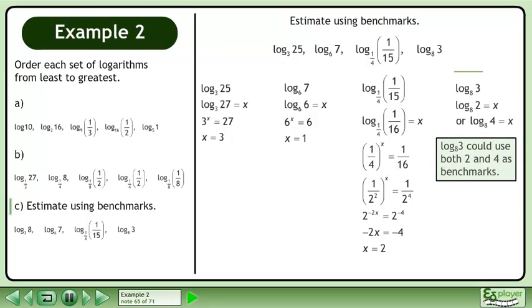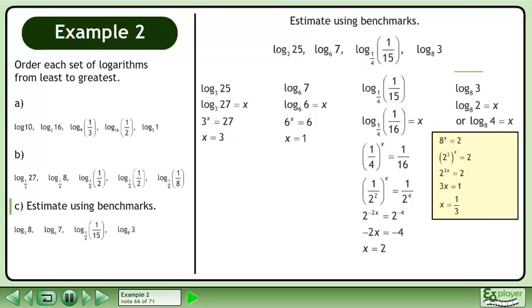The next logarithm, the base 8 logarithm of 3, could use both 2 and 4 as benchmarks. If we use 2 as the benchmark, we get x equals 1/3. If we use 4 as the benchmark, we get x equals 2/3. The average of these fractions is 1.5 over 3.